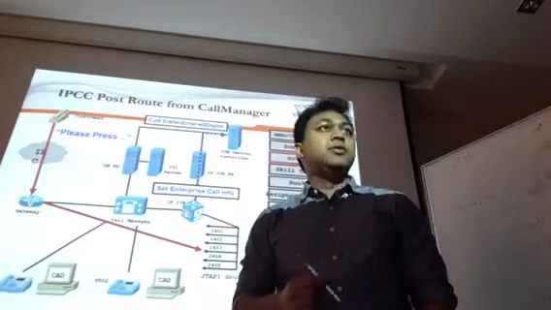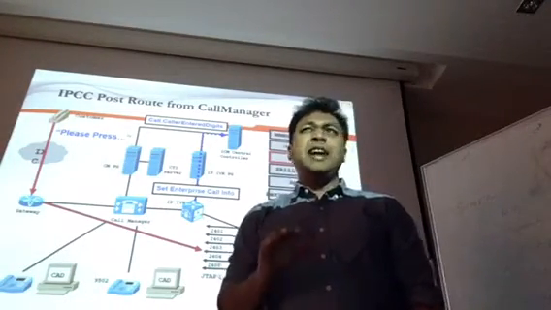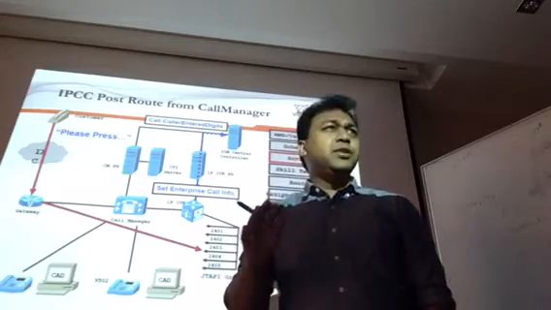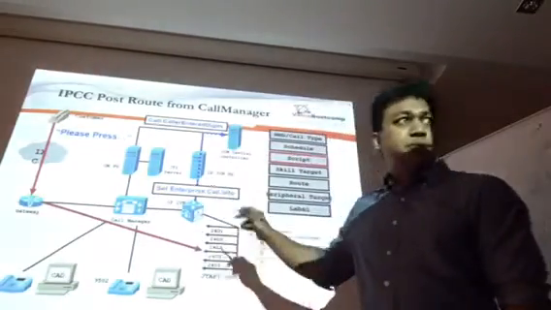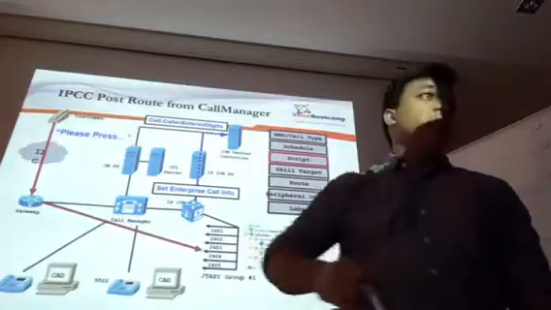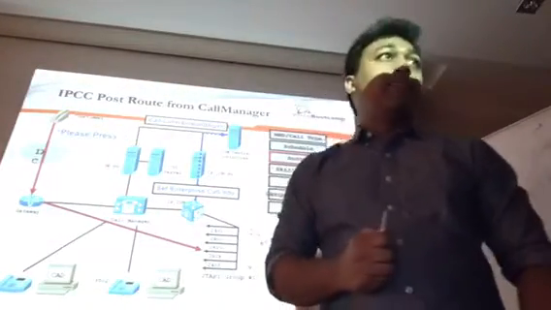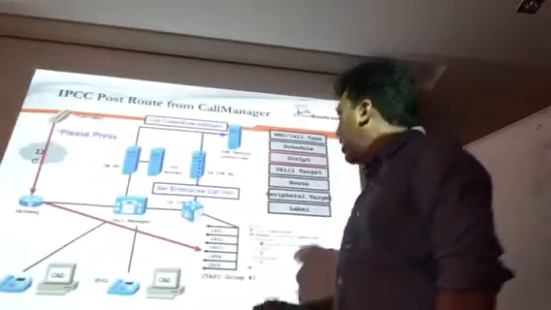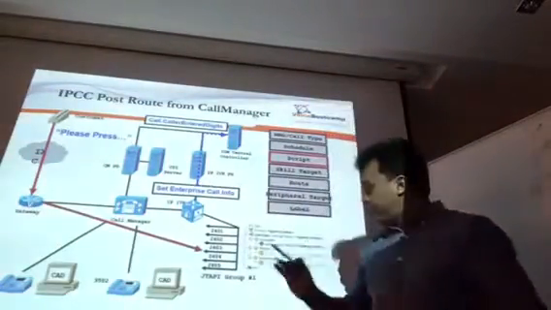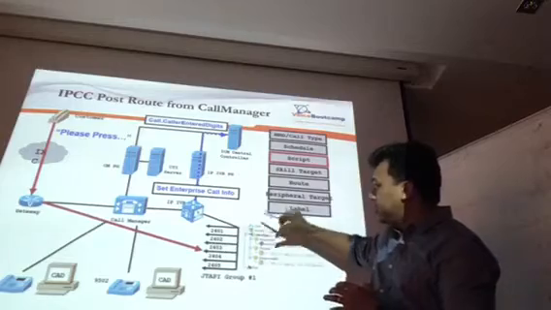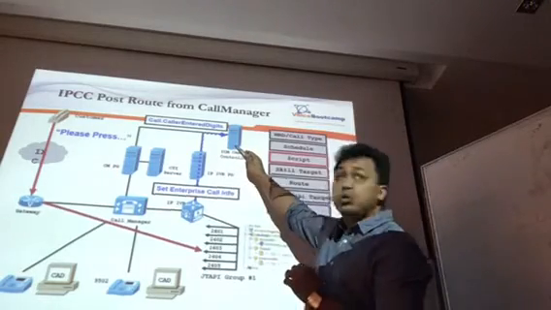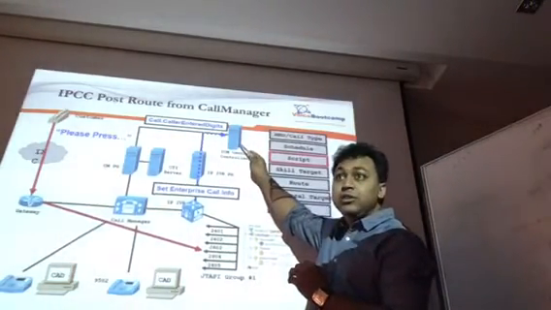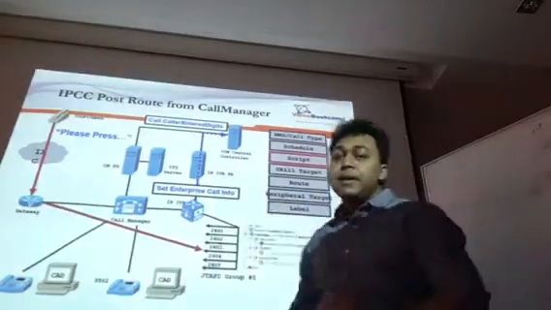UCCE has about 10 variables created for you. You can use them. These are some of them, or you can make your own variable. But the same name should be in both ways. That's correct. Absolutely. All right. Now, that set from the script in IVR, information gets passed back to UCCE using the call.caller enter digit.